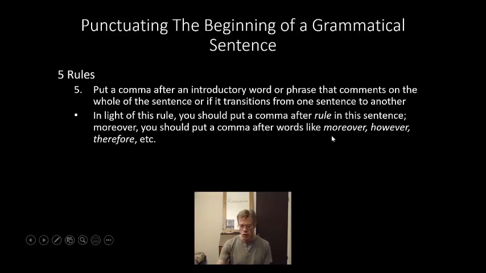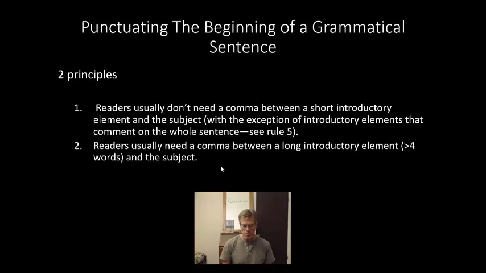These are called coordinating adverbs. They act as a bridge from one grammatical sentence to the next. And for that reason, we should have a comma right after a coordinating adverb when it begins a grammatical sentence.